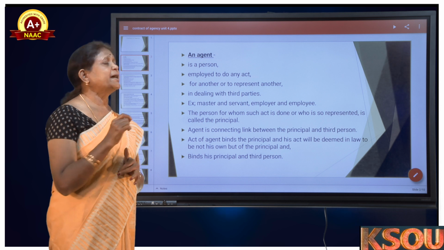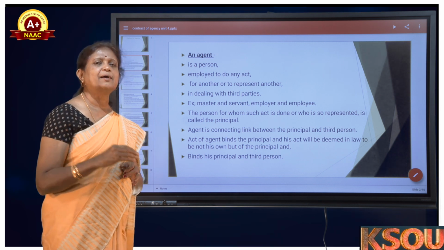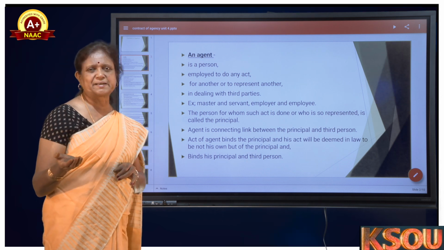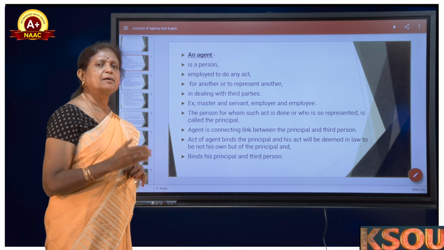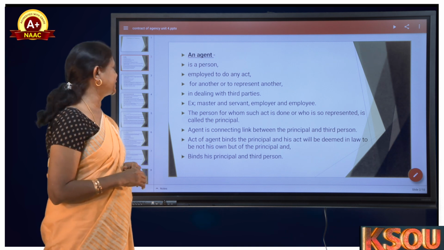That means the agent is a middleman who acts for the principal in dealing with business transactions with third persons. He binds the principal for all the work and dealings with third parties.